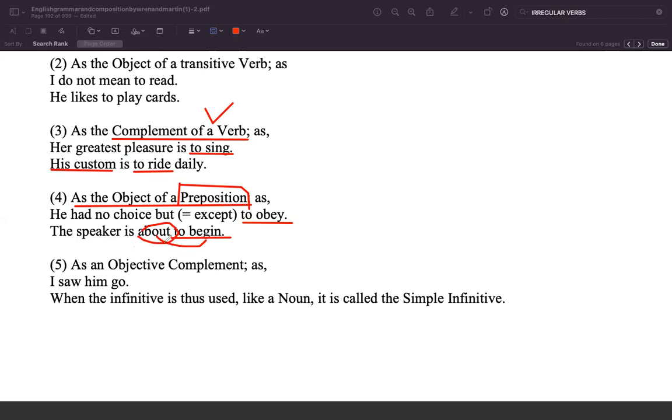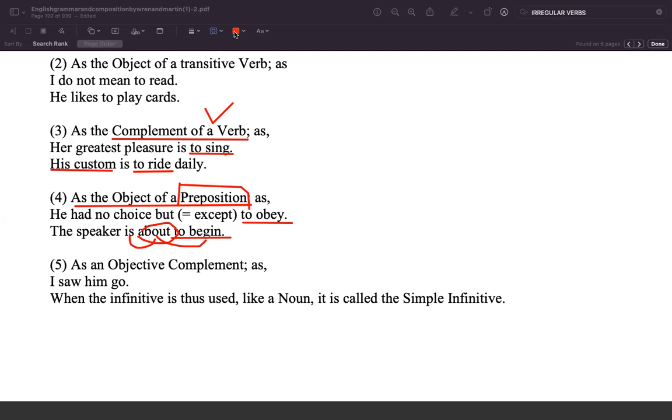So you will find that the preposition lies before the infinitive, and the preposition governs the infinitive.